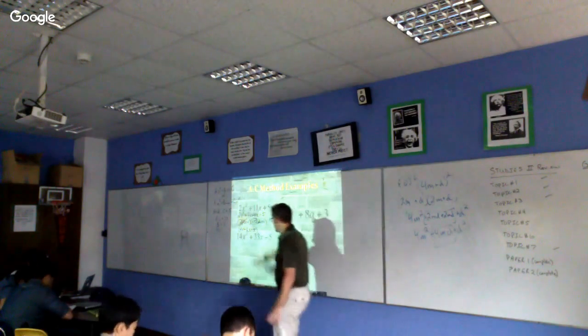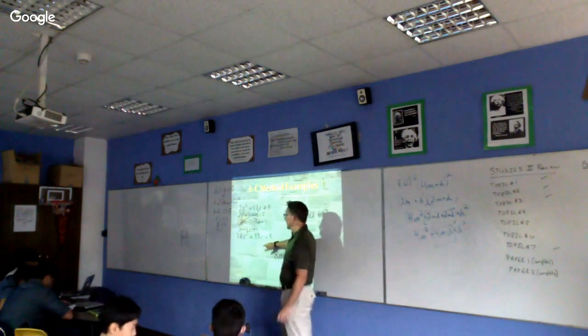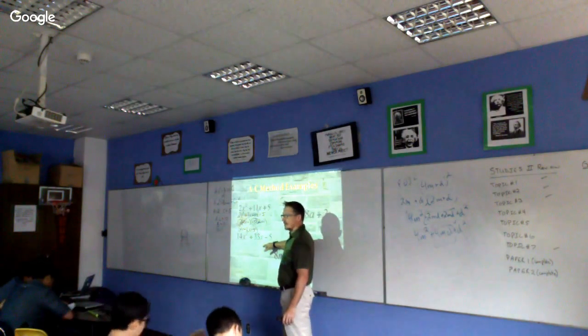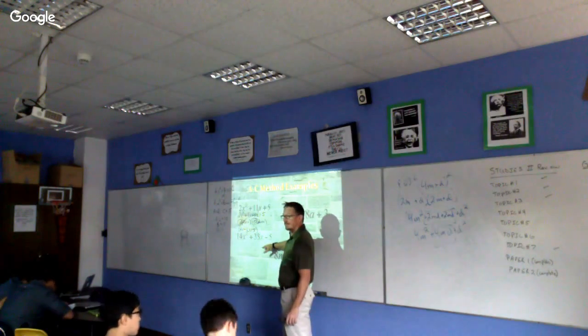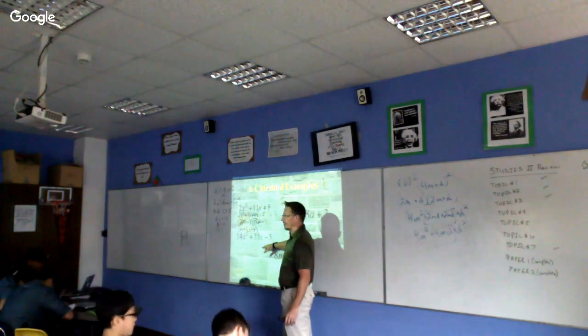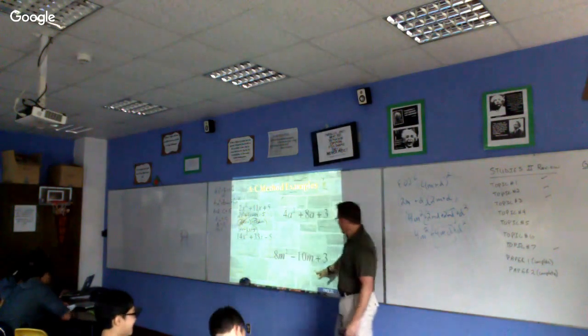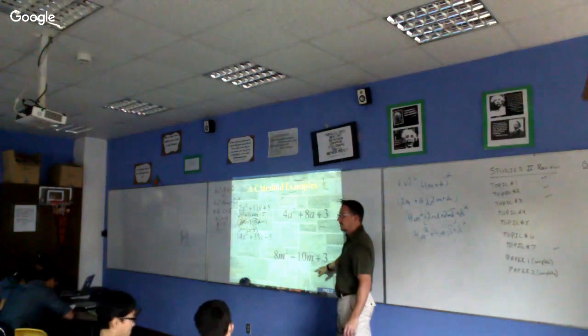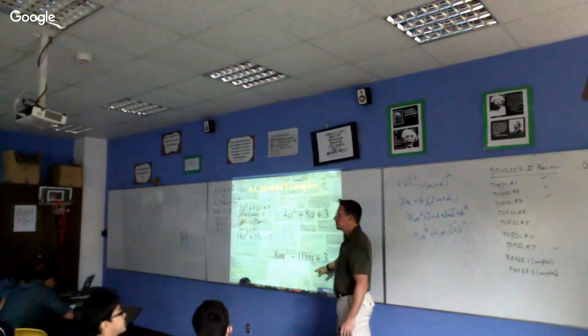Okay, this one, 14x squared plus 33x minus 5. What's the answer? 7x minus 1, 2x plus 5. Agreed or no? Okay. 8m squared minus 10m plus 3. 2m minus 1 and 4m minus 3. Sure or no?